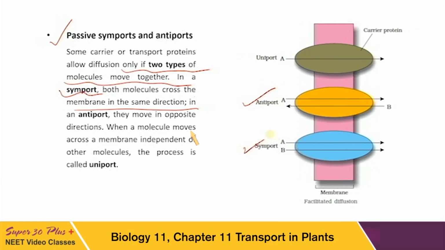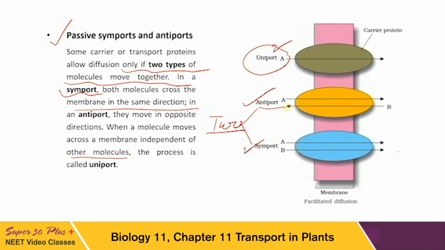And when the membrane allows only one molecule to pass, independent of other molecules, that is known as uniport. Uniport, only one molecule. Antiport or symport, two molecules will be allowed. In symport, both molecules have to move in one direction.